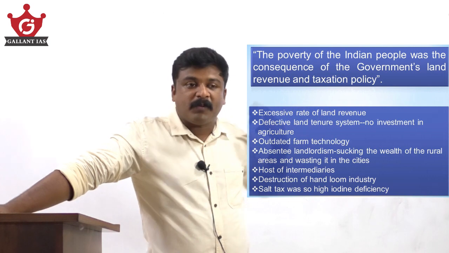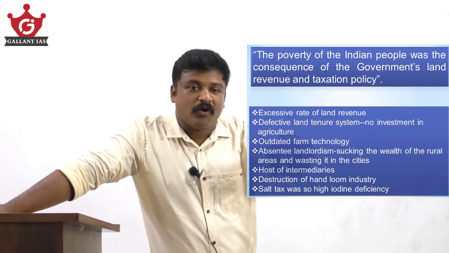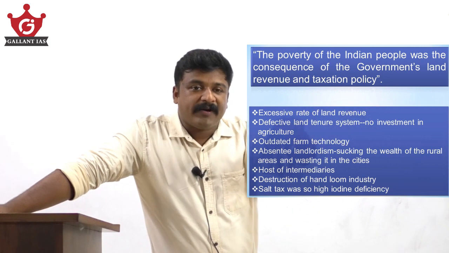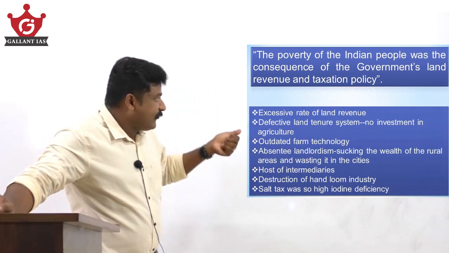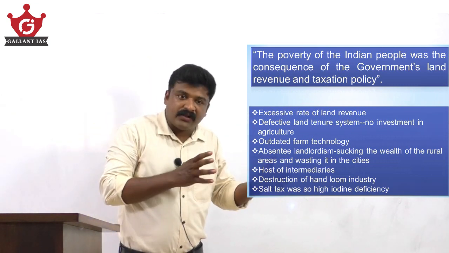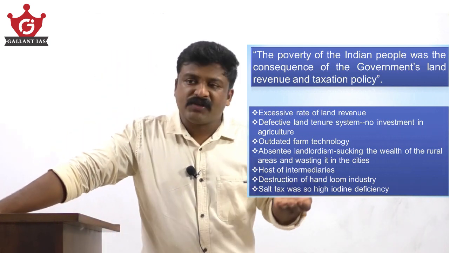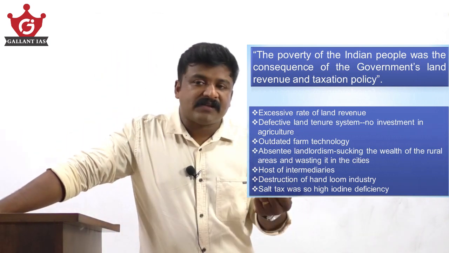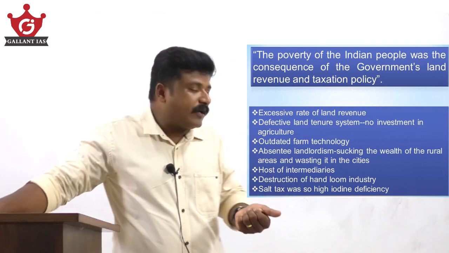He collected maximum from the farmers, but the zamindar never invested into the land. If not investing into the land, you cannot expect a surplus production next time. Am I right? So you see the defective land tenure system, no investment made into the land by either the owner of the land or by the farmers. Obviously, the result was a decrease in the surplus of the produce, eventually leading to famine, poverty kind of situations.